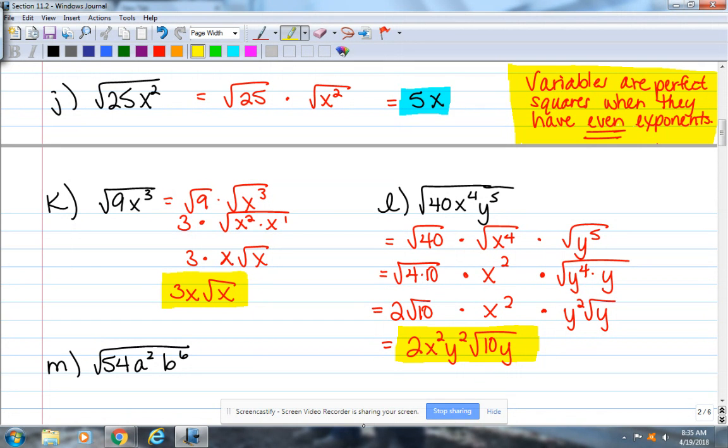So I separate all my numbers and variables, separate all 3 of them, simplify them all, and then put your outsides on the outside and insides on the inside. Anything that's a perfect square will go to the outside. Is that good? So what do we do with odd exponents again? Knock it down 1, multiply it times 1 extra variable, and then take the square root of the even one. Pull it on the outside.